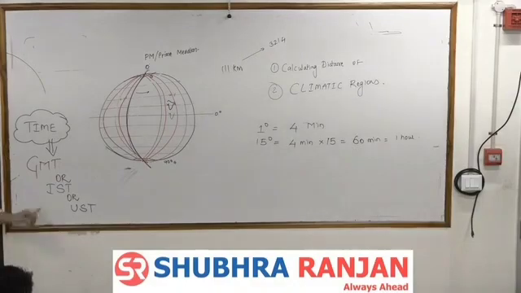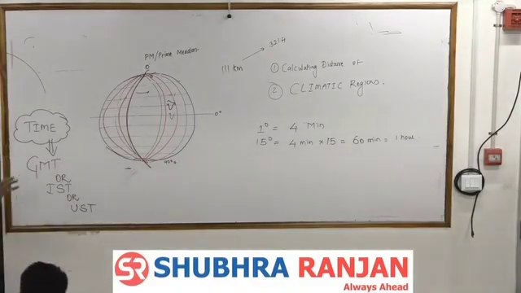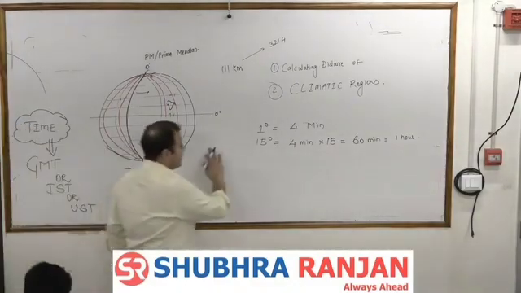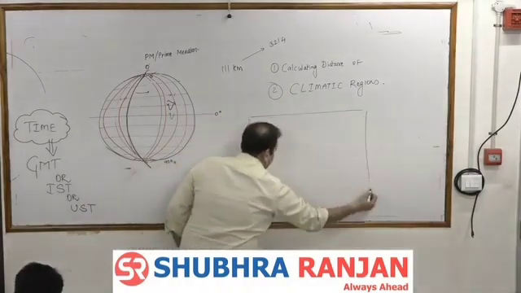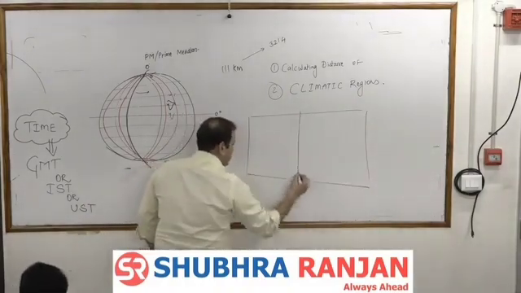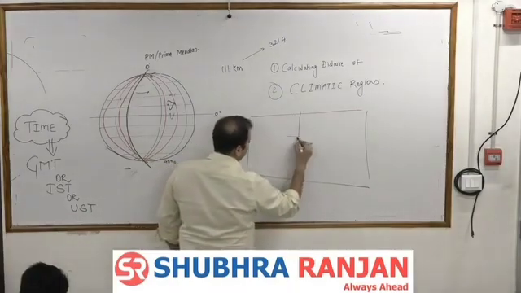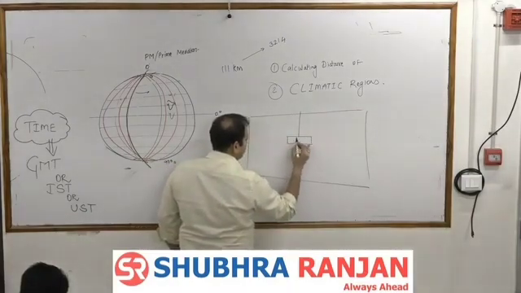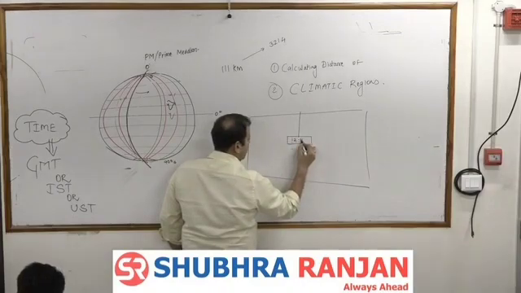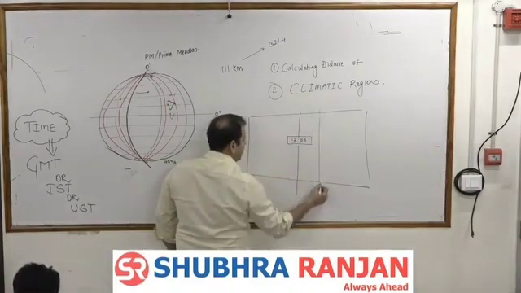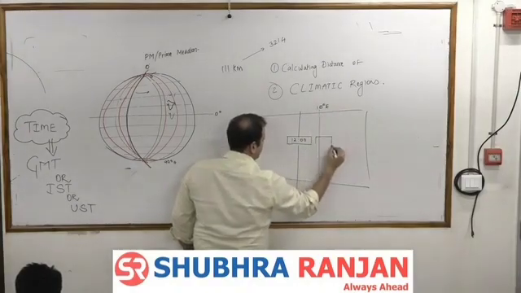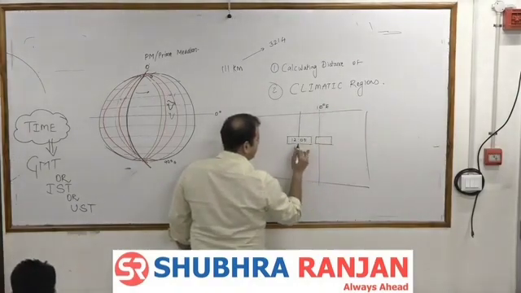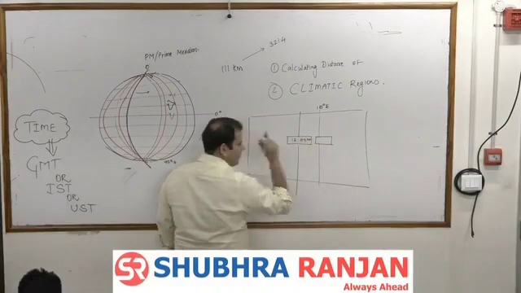How do we calculate it? On this earth, if this is the 0 degree longitude and here it is 12 AM, what will be the time at 15 degree east?